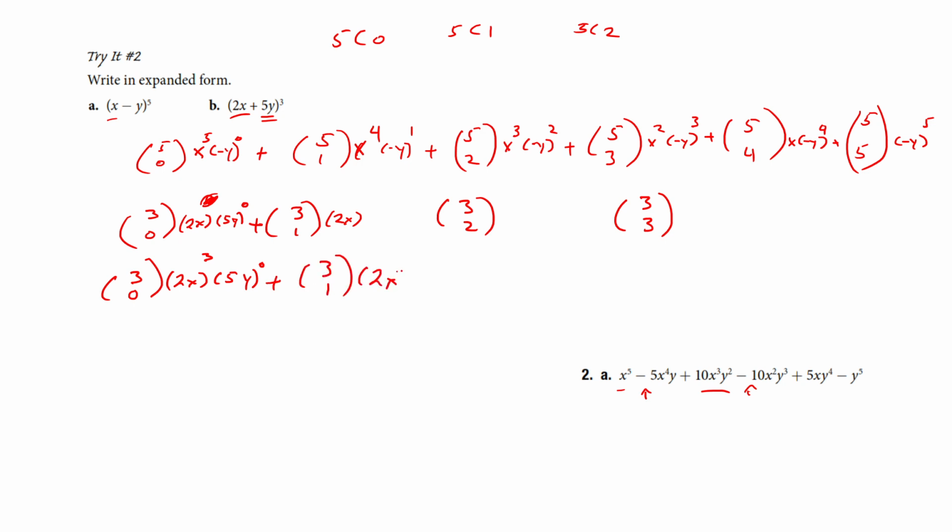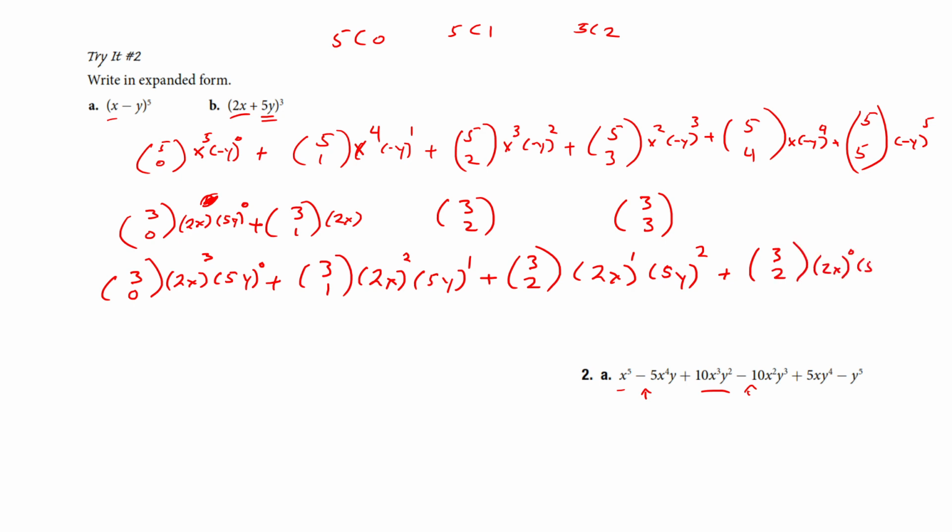Now 2x is going to step down to having 2 of them. 5y is now going to have 1. 3 taken 2 at a time. 2x is now stepped down to having just 1. 5y is now stepped up to having 2. And there we go. So we're stepping down.